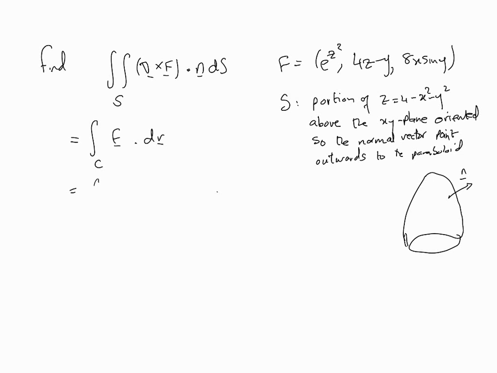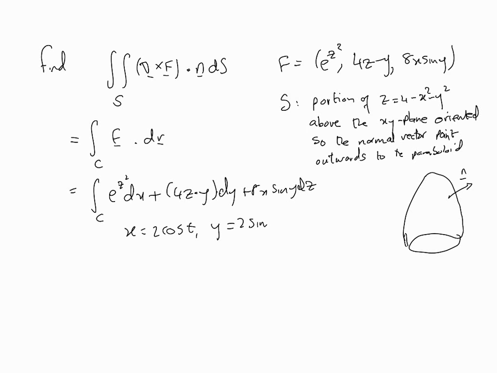So that will work out to be the integral over C of e^(z squared) dx plus (4z minus y) dy plus 8x sine y dz. Okay, parametrization of C will work out to be x equals 2 cosine t, y equals 2 sine t, and z equals 0, with t between 0 and 2 pi.